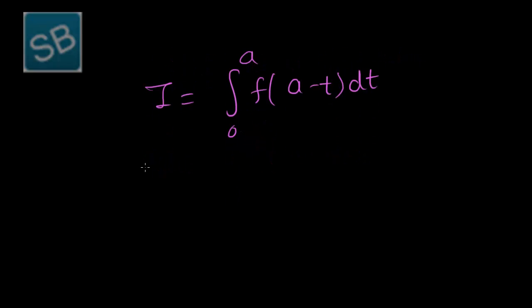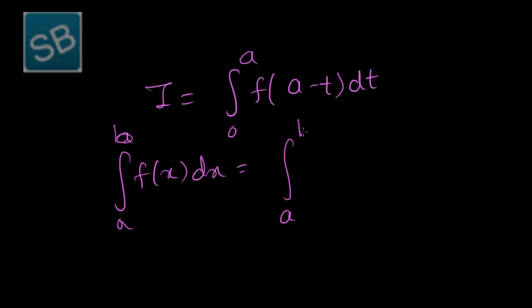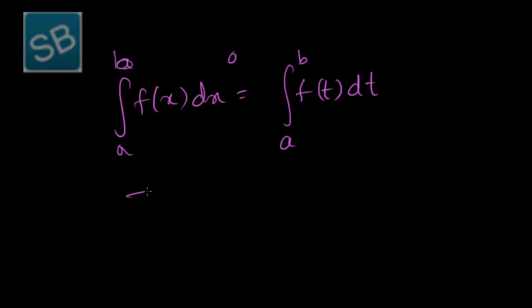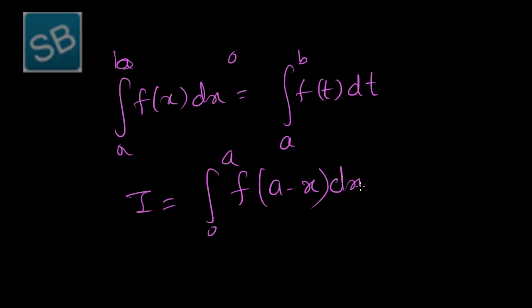And also we know that on changing the variable, integral a to b f of x dx is also equal to integral a to b f of t dt. So by using this rule, we get I is equal to integral 0 to a f of a minus x dx.